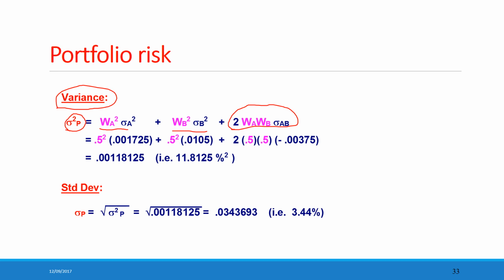Using this formula, we work out the variance of the portfolio, and from the variance, if we want to work out the standard deviation, we take the square root. Remember the unit of the variance is percentage squared, because we're squaring the standard deviation of individual assets.